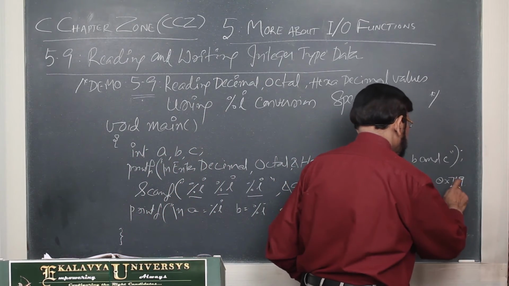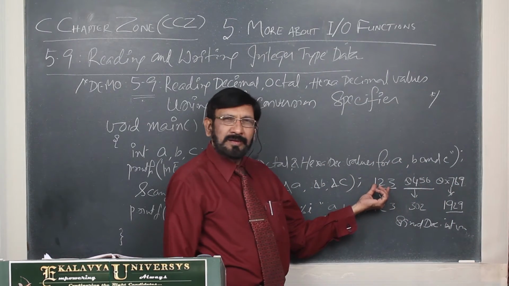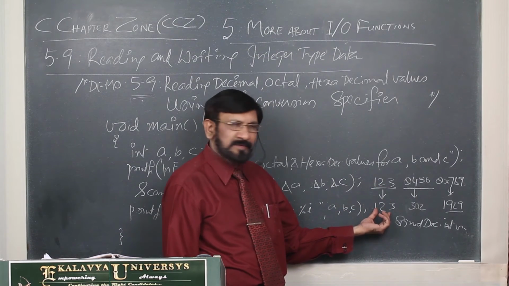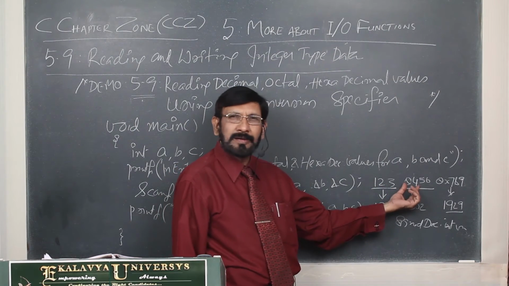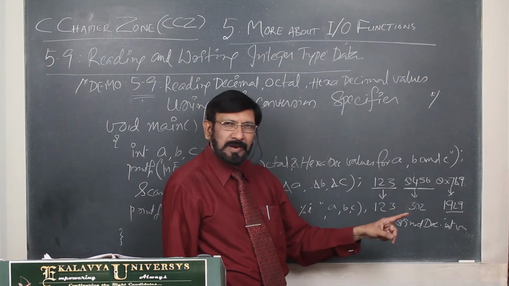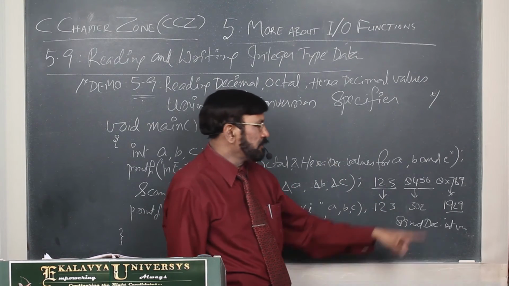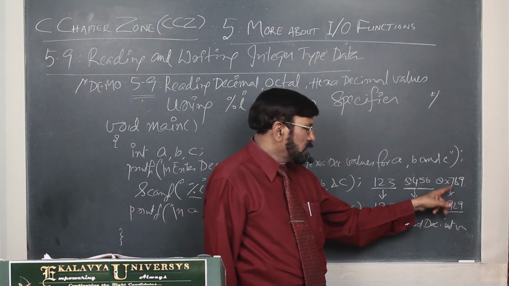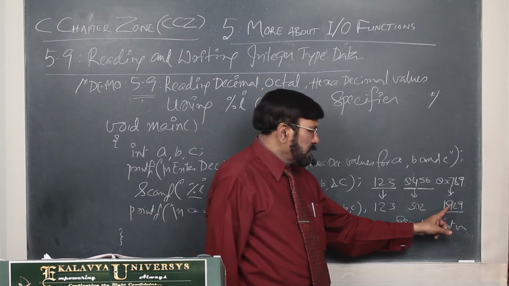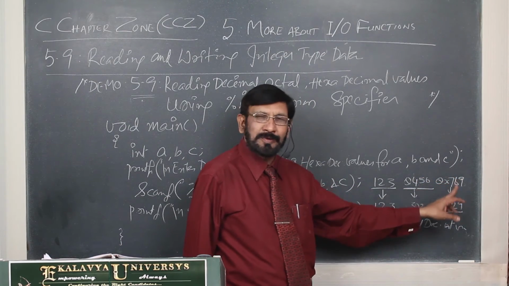So what you can understand by this: 123 here is a signed decimal integer, the same signed decimal integer. Here this is octal, this is the octal-equivalent signed decimal integer, that you have to understand. And this is the signed decimal integer equivalent to this hexadecimal value.